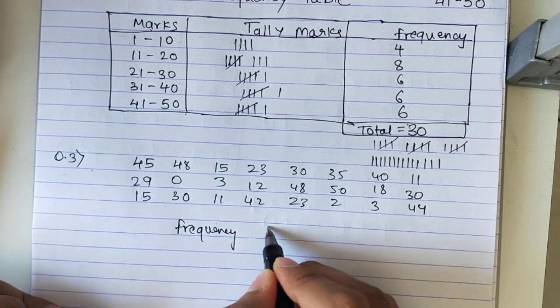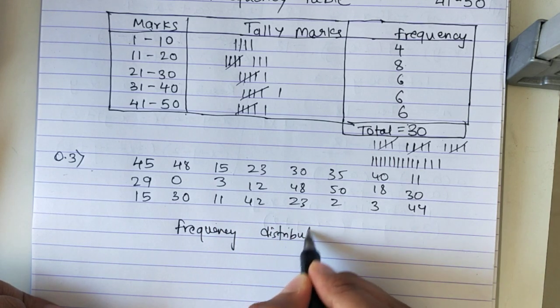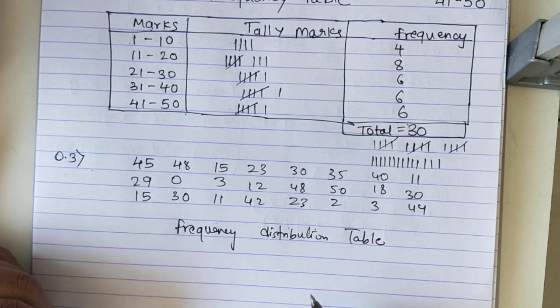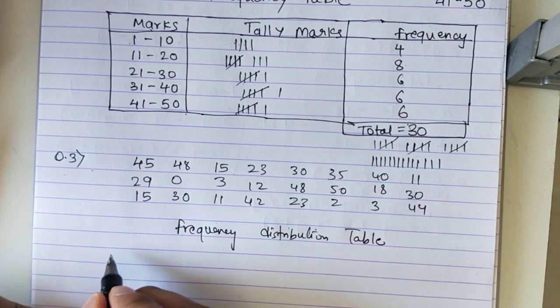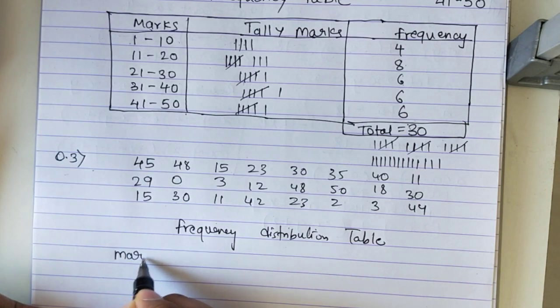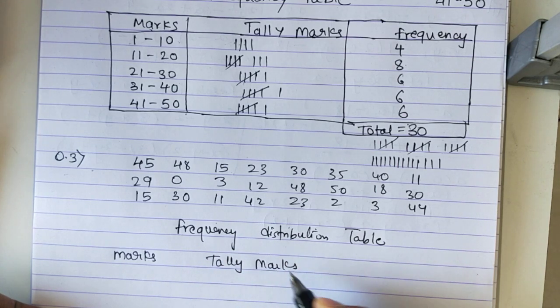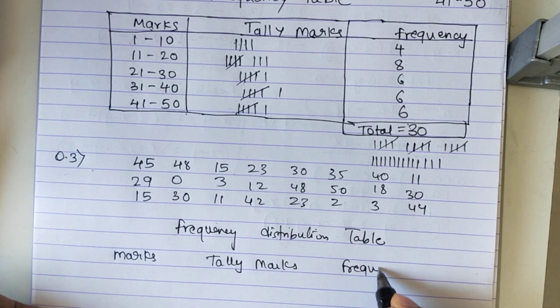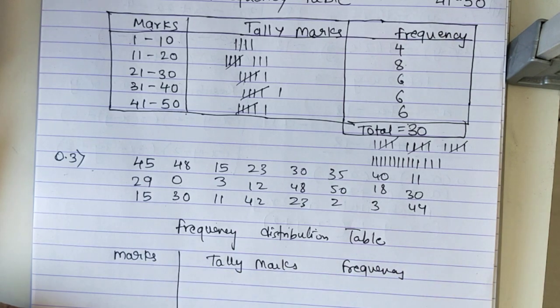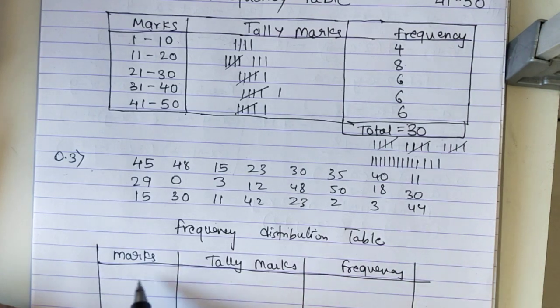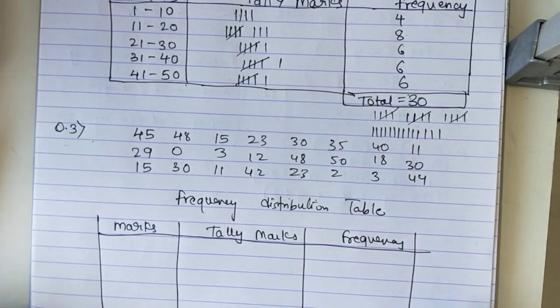We are making a frequency distribution table, taking the class interval as, I'll write here, marks, tally marks, and frequency. Marks, the range, they have given the range to us.